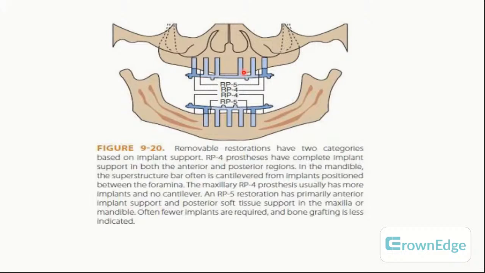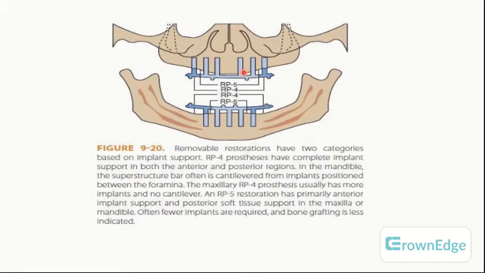FP1, 2, 3, we discussed in the last class, but you have to know FP1 replaces only the crown structure. FP2 replaces the crown and a portion of the root, while FP3 replaces the root, the crown, and the gingival portion of your prosthesis as well. Okay, that is the difference between your 3 fixed prosthesis types. But in case of your RP, there's only RP4 and RP5, 2 types.